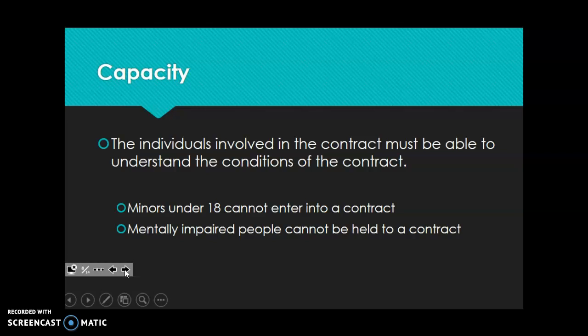So you have to be able to understand what you're agreeing to in order for the contract to be legal. Now, that doesn't mean you have to understand all the legal mumbo-jumbo terminology in the contract, but as long as you can understand in essence what the contract is saying, you can be held legally responsible.